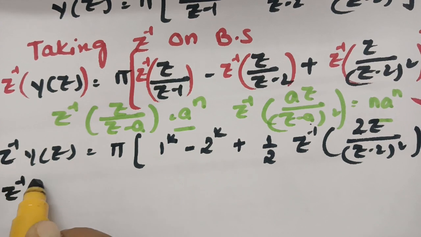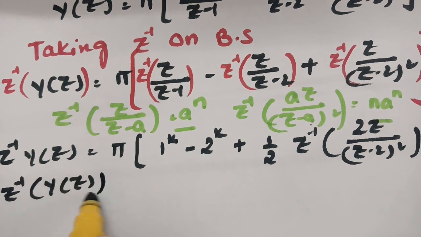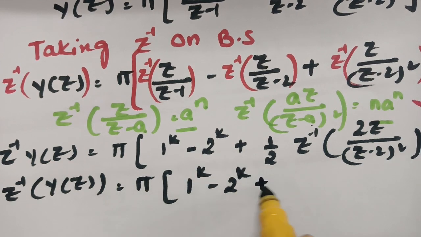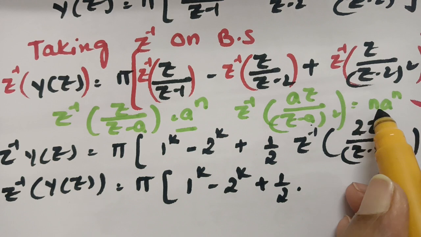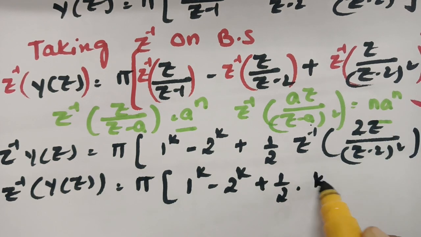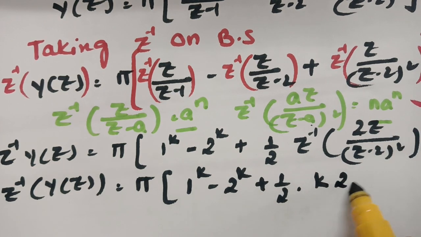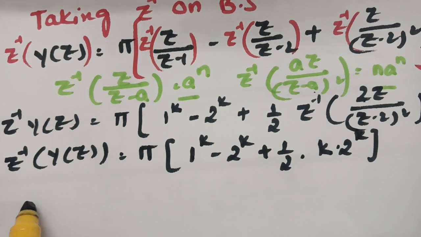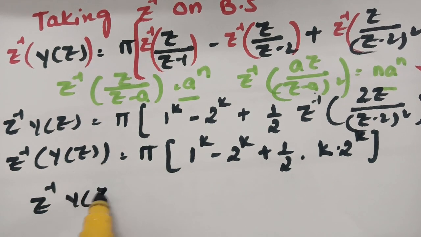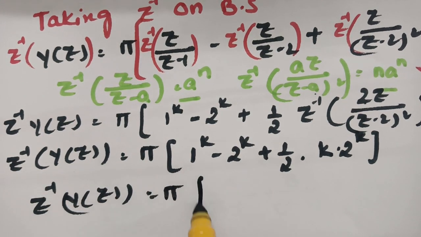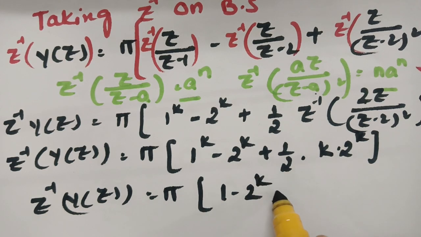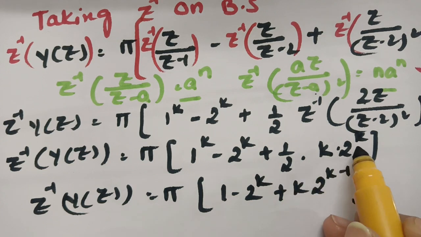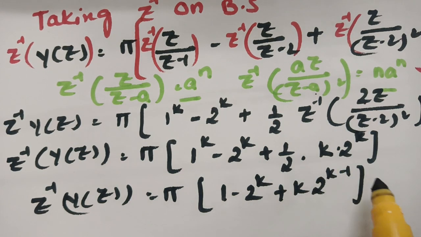So this is pi times of 1 power k minus 2 power k plus half times of n into a power n, where n is k and a is 2, so 2 power k. Our final answer, z inverse of y of z is equal to pi times of 1 minus 2 power k plus k times of, if I send this denominator to numerator, 2 power k minus 1.